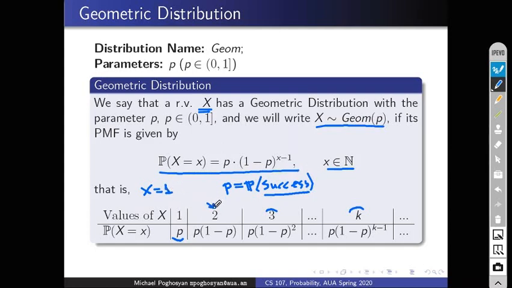What does it mean that X is equal to 2? It means that the first one was a failure, and this is the probability of that failure. Then the second trial was a success.